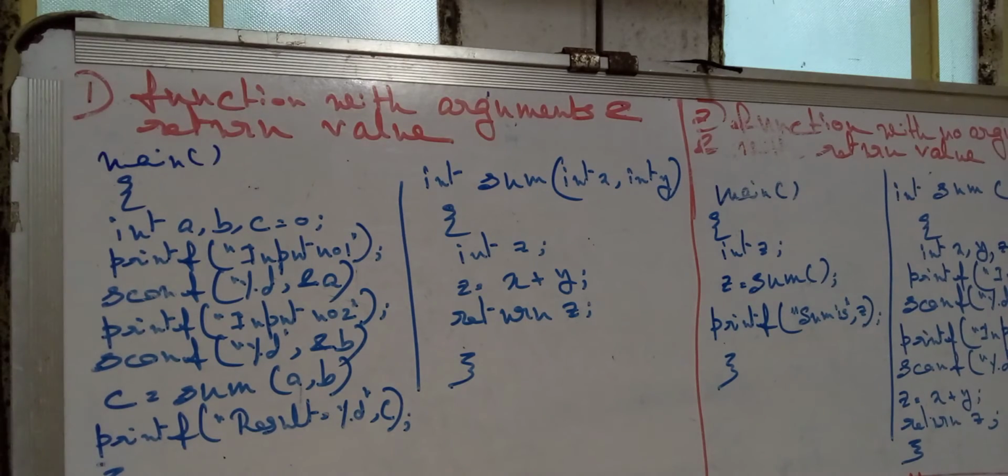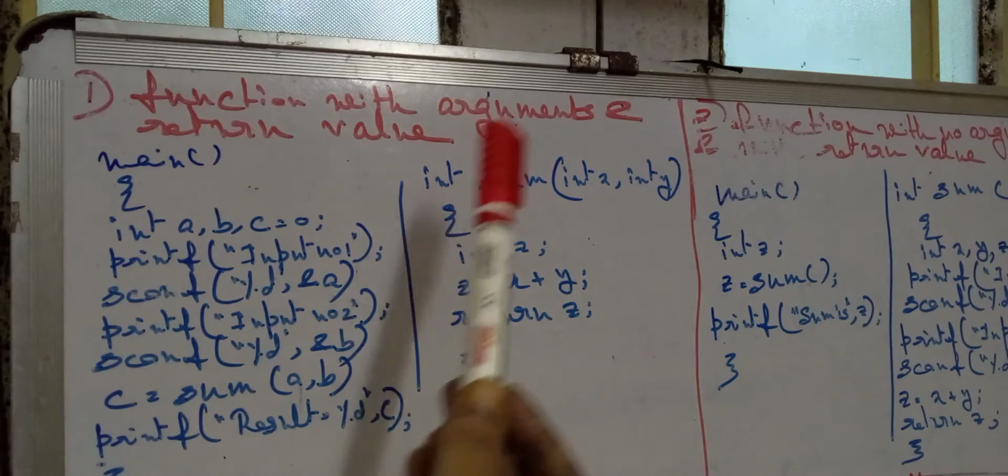There may be functions where arguments may be absent, or the function can be like that where return type and arguments both are absent. From this point of view, we can say there are four types of function.